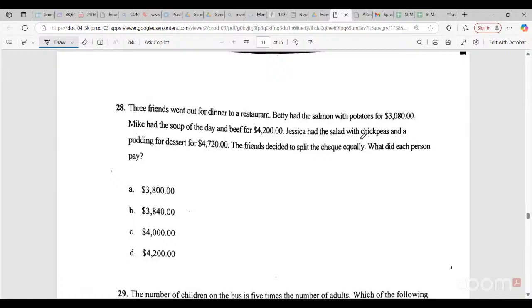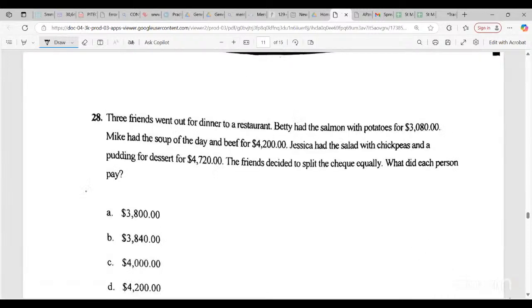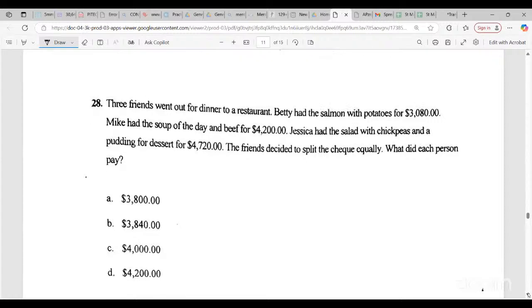Jessica had the salad with chickpeas and a pudding for dessert for $4,720. The friends decided to split the bill equally. What did each person pay? Easy, that one is easy. Work it out.